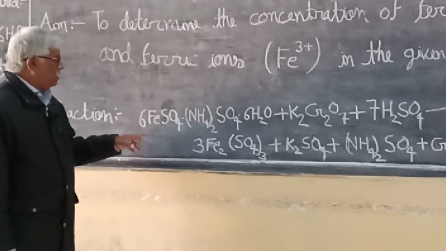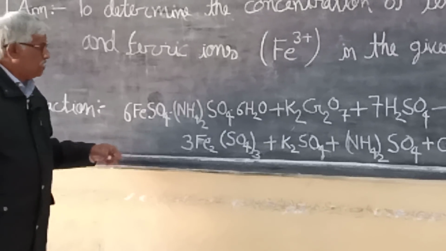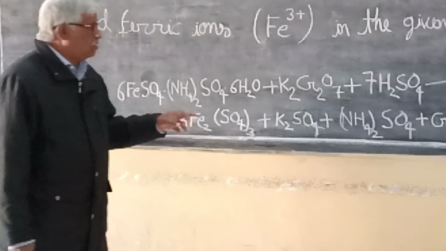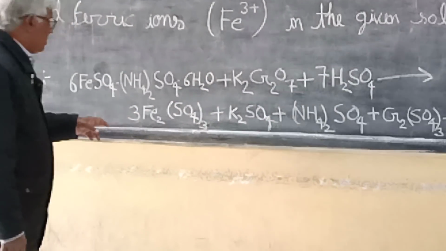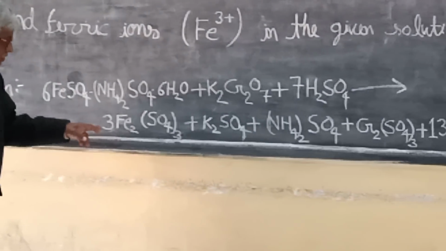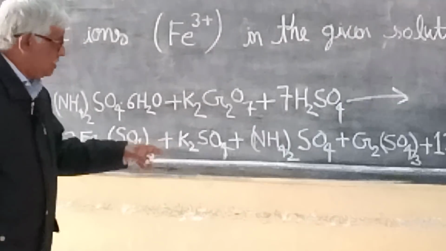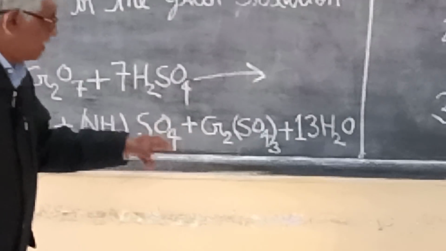Here Fe is in +2 state, ferrous ammonium sulfate. It reacts with potassium dichromate, giving ferric sulfate plus potassium sulfate, ammonium sulfate, and chromium sulfate.